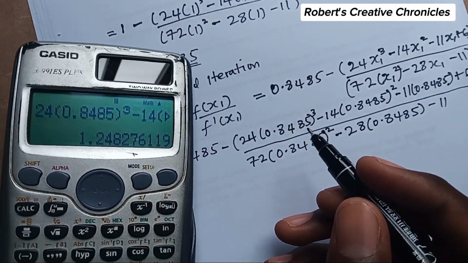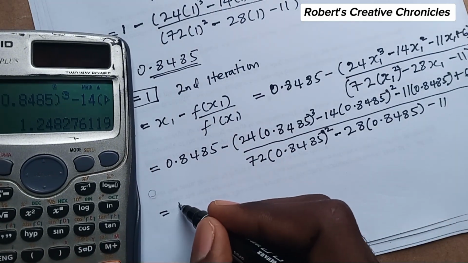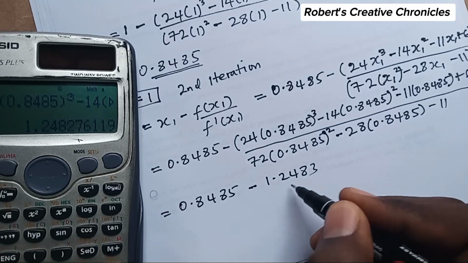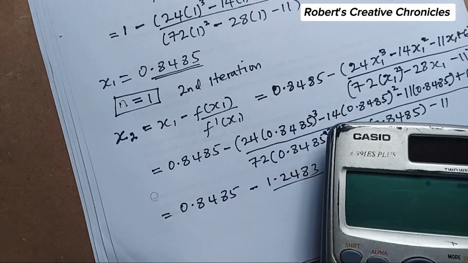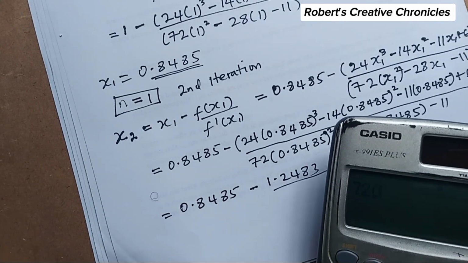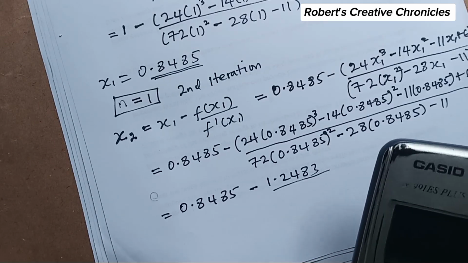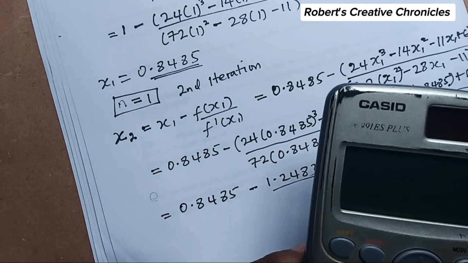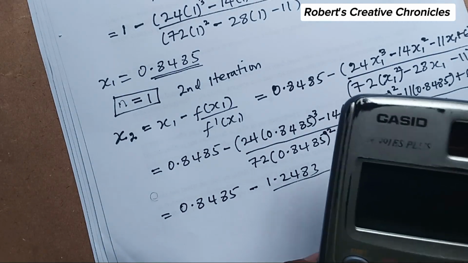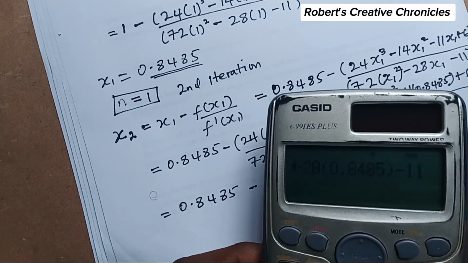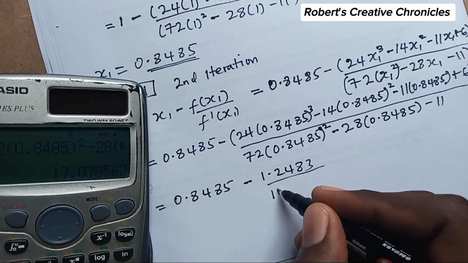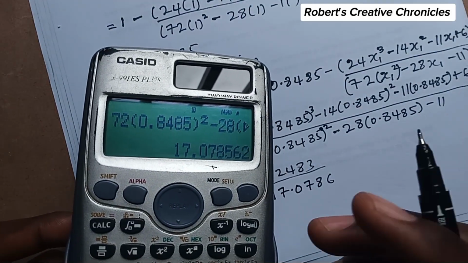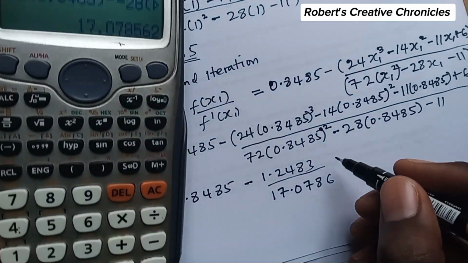This one gives us 1.2483. So 0.8485 minus 1.2483 over 17.0786 approximately.